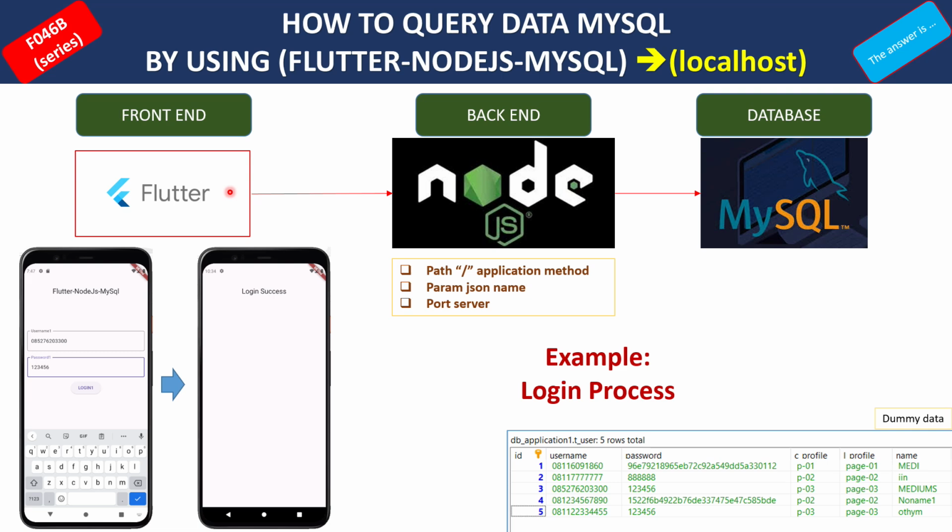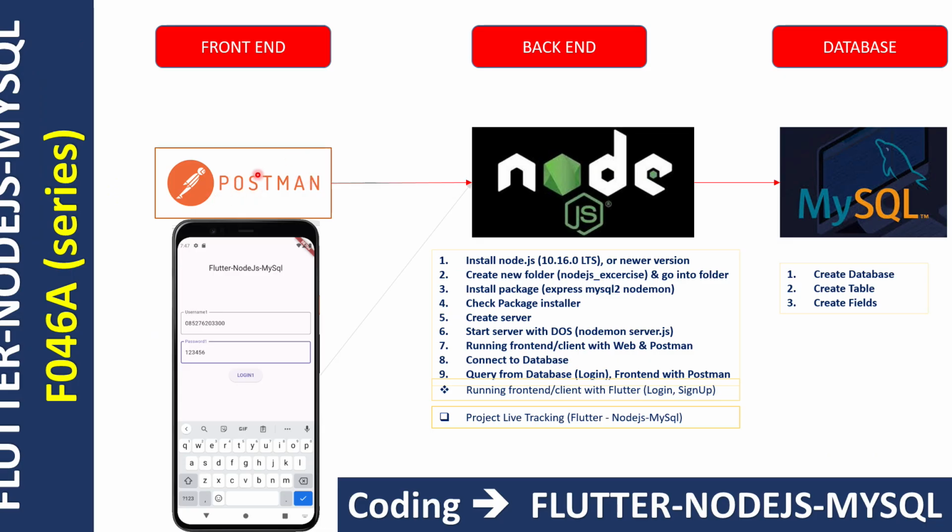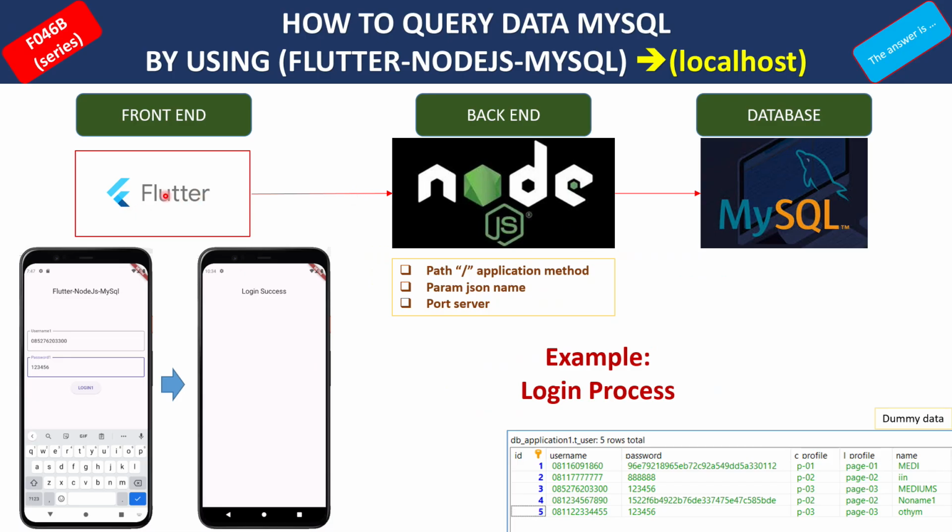Firstly, I want to show you the last project we used, Postman. After that, we make the coding to integrate Flutter to query the database, and the backend we use Node.js.